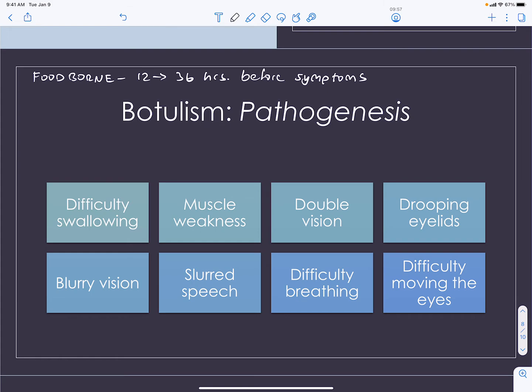And the first symptoms are usually going to be nausea, dry mouth, and sometimes diarrhea. The nervous system dysfunction is going to start later, and this is going to be blurred vision. You're going to have slurred speech, rapid eye movements.